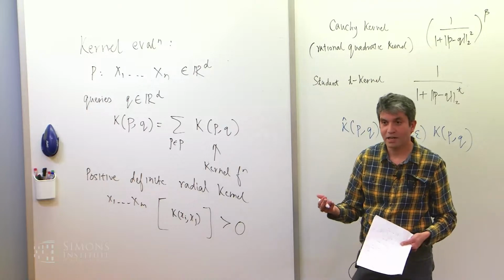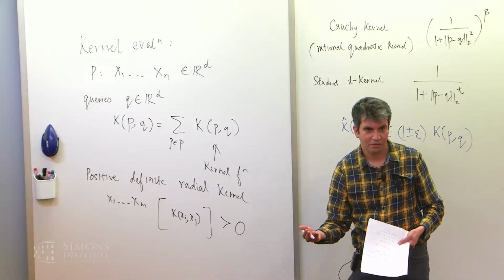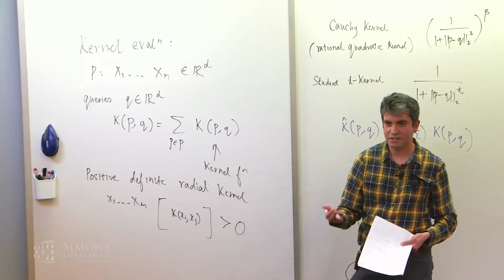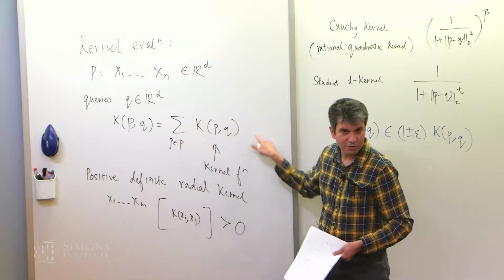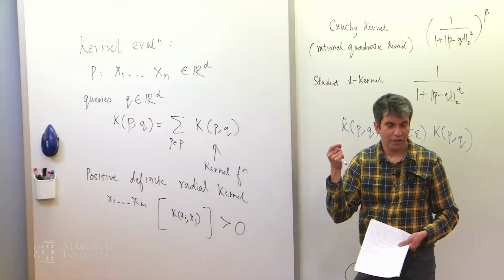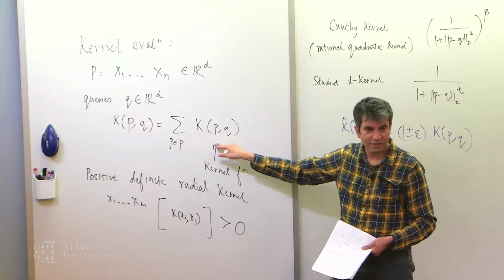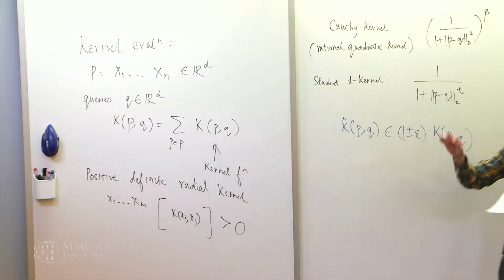If I could do that, then I can reduce the variance of this estimator, and maybe I get some advantage. That's exactly what locality-sensitive hashing allows us to do. It allows us to estimate this quantity by giving a higher probability to exactly the terms in the data set P that have a higher contribution. Now, all this has to be analyzed, but that's basically the gist of the idea.